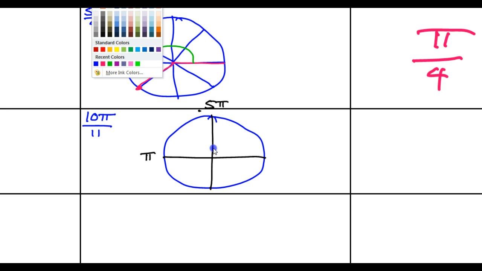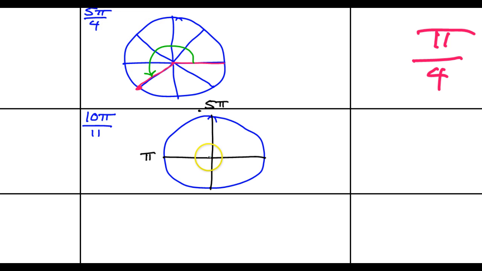So if I start off in standard position, there's my initial side. The terminal side is going to be almost 1 pi, but it's 0.9, so it's going to be a little bit less. So my terminal side is going to be right here.